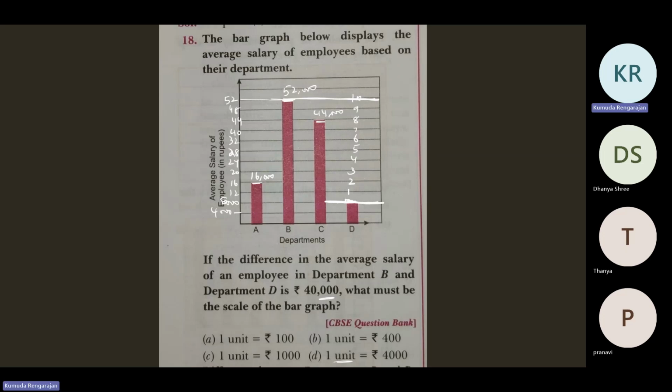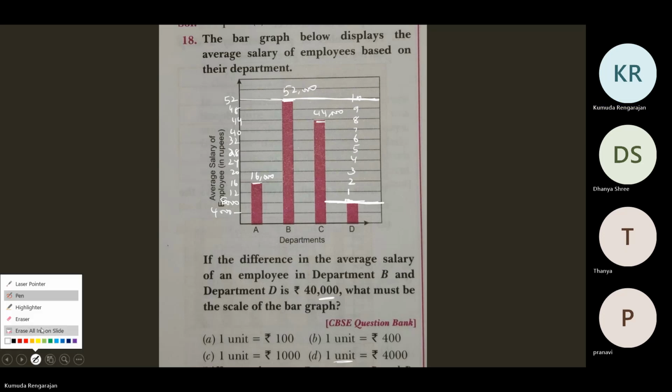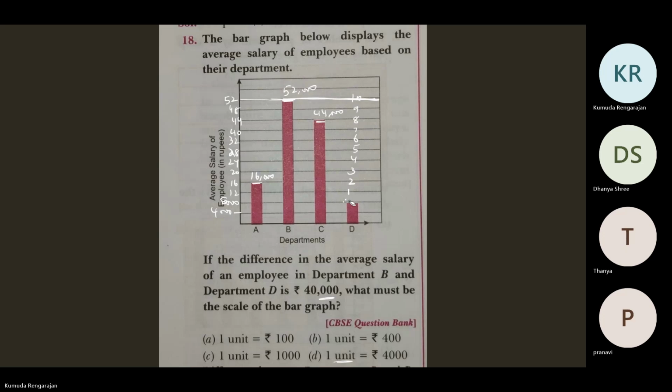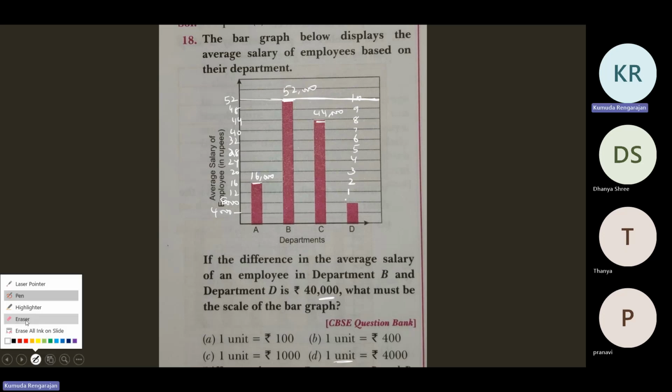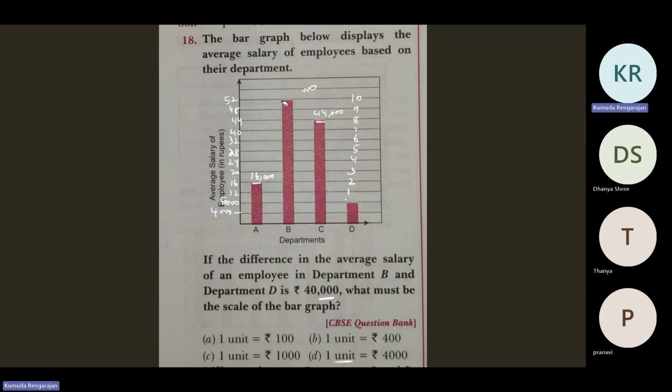And this one is? Yeah, and this one is? Let me make a mistake here. 1 second. This bar height. 4, 8, 12, 16, 20, 24, 28.